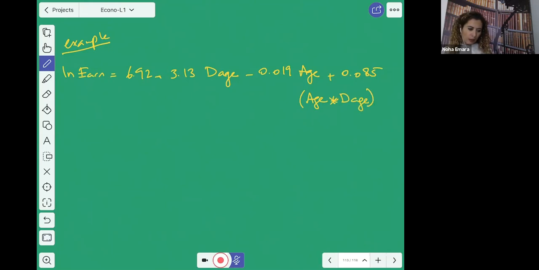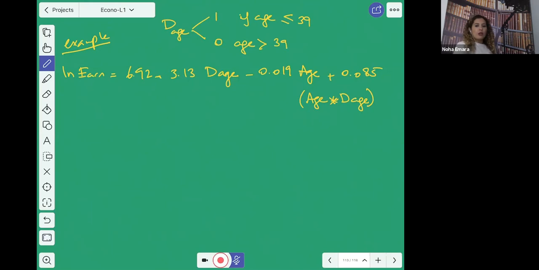Okay, now let's define the dummy. This dummy variable is a binary variable, dAge, that takes 1 if age is less than or equal to 39, and it takes 0 otherwise, if age is strictly greater than 39.